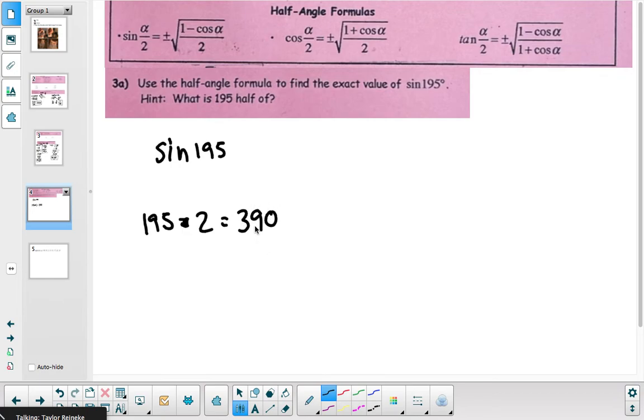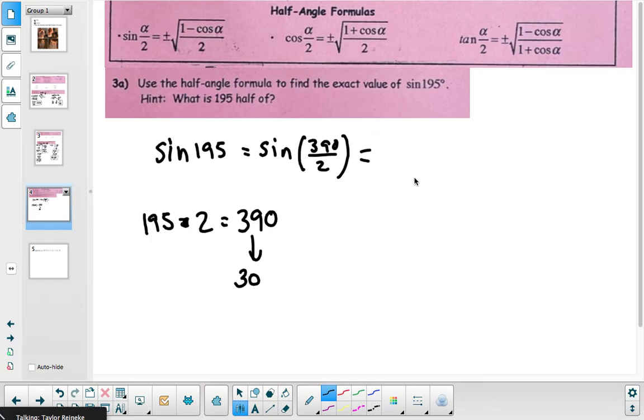That doesn't feel like a number that we know, but if we take away 360 or a full revolution, this is 30. Right? So we know cosine of 30, so we can figure out what sine of 390 over 2 is. Both of these mean exactly the same thing, but this is phrased in a way that we can use our half-angle formula.